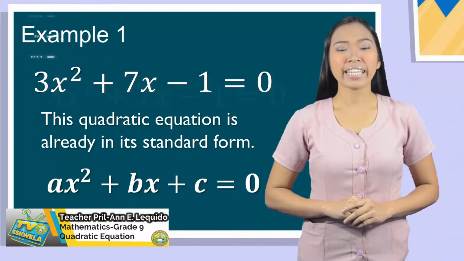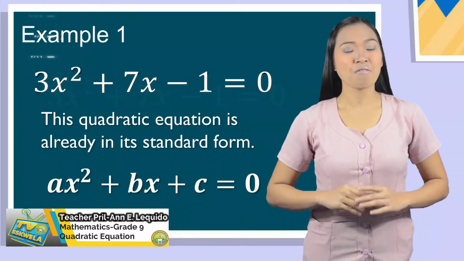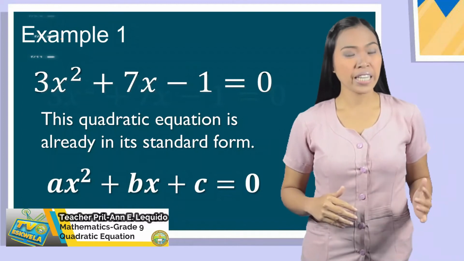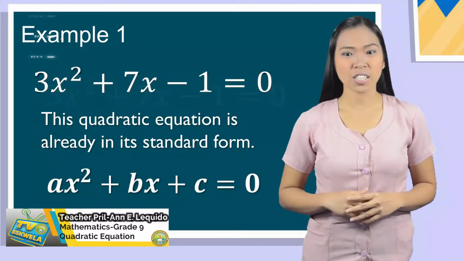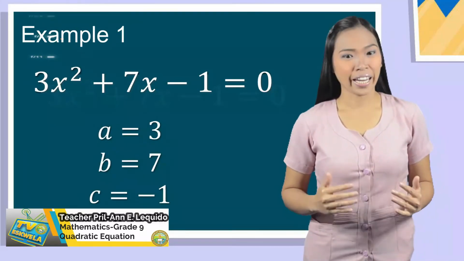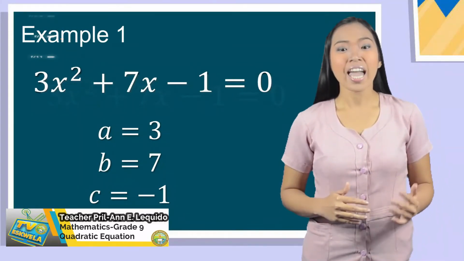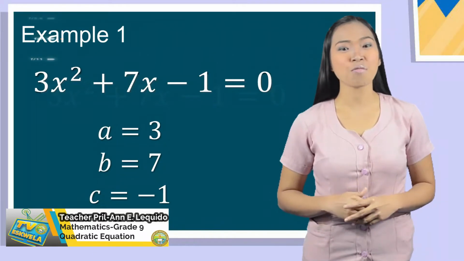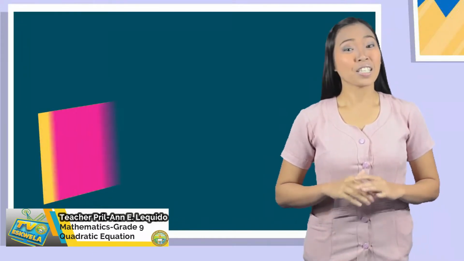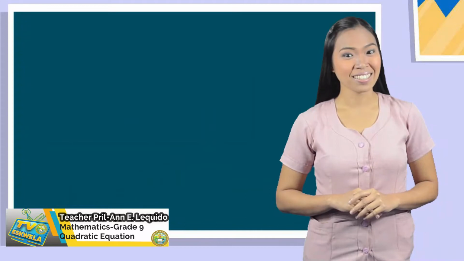Therefore, we can easily identify the values of a, b, and c in this equation. a equals 3, b equals 7, and c equals -1. Did you get the correct answer?